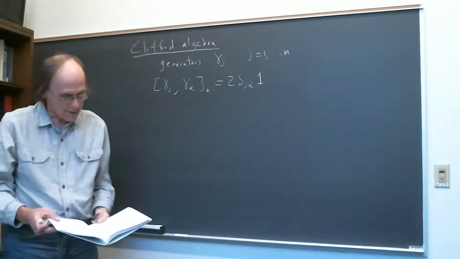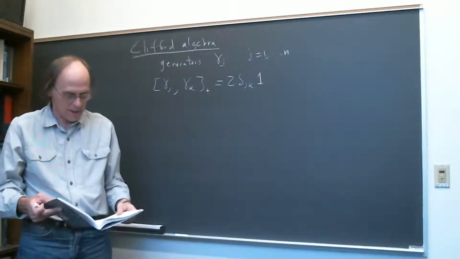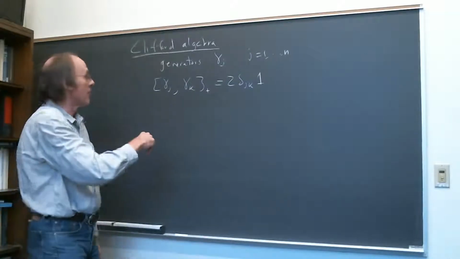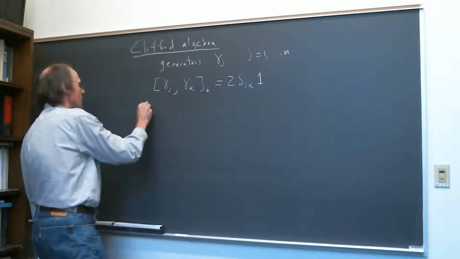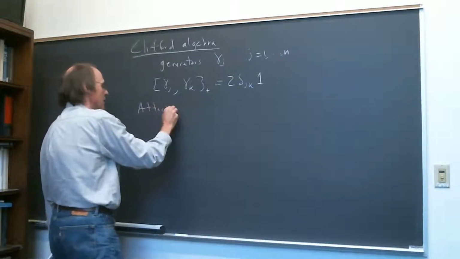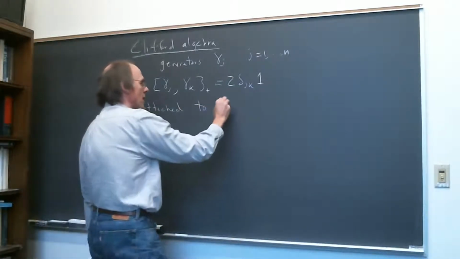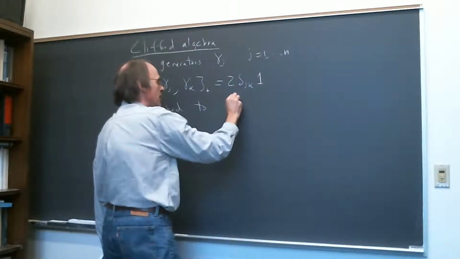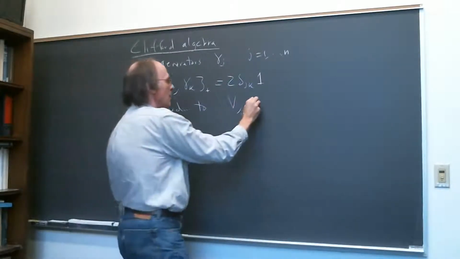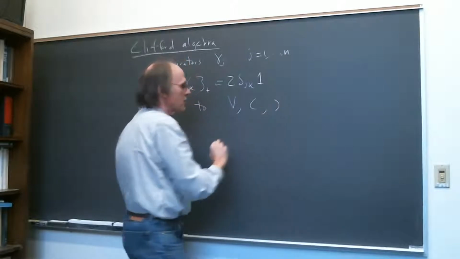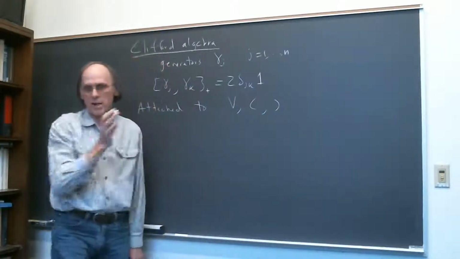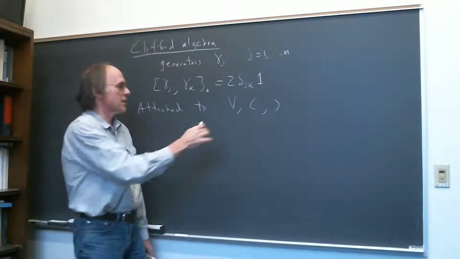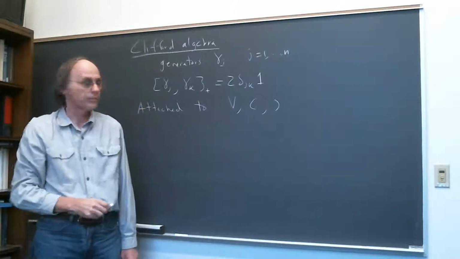Now what I also showed last time is that a more abstract way of thinking about this is that this is an algebra attached to a vector space V, which has a non-degenerate symmetric bilinear form. The standard example would be a real vector space with the standard inner product on it.